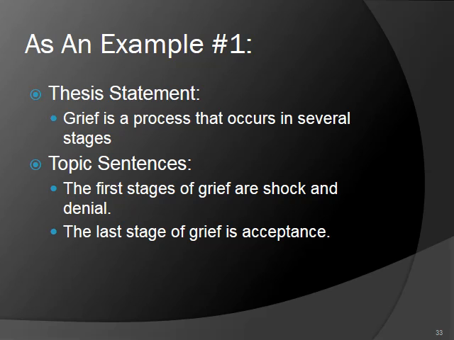And then talk about the different stages, and once you get to the very last body paragraph, talk about how the last stage of grief is acceptance. Then you want to take detail from there. Give examples, give definitions, give things of that nature to describe what shock and denial may be. And also describe what acceptance is in the last stage.